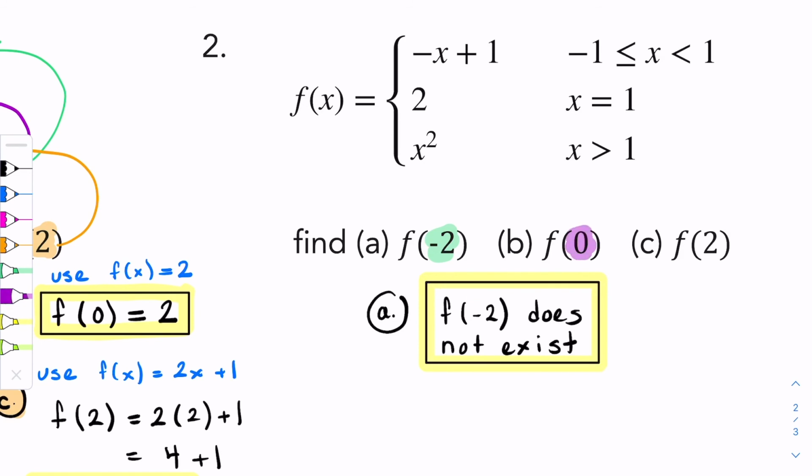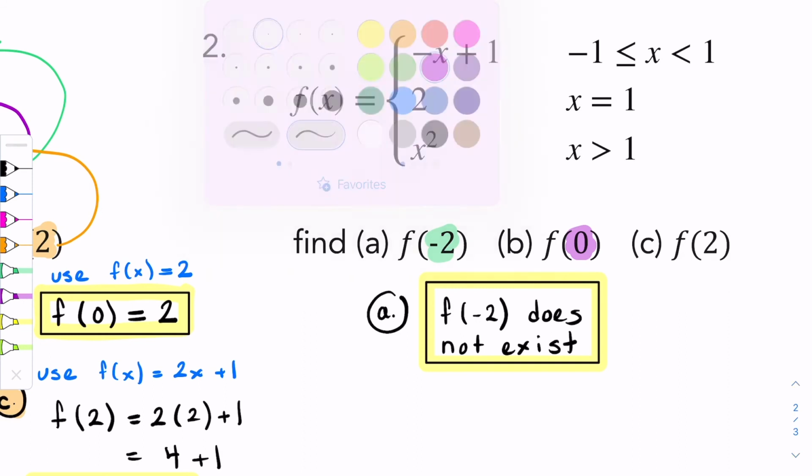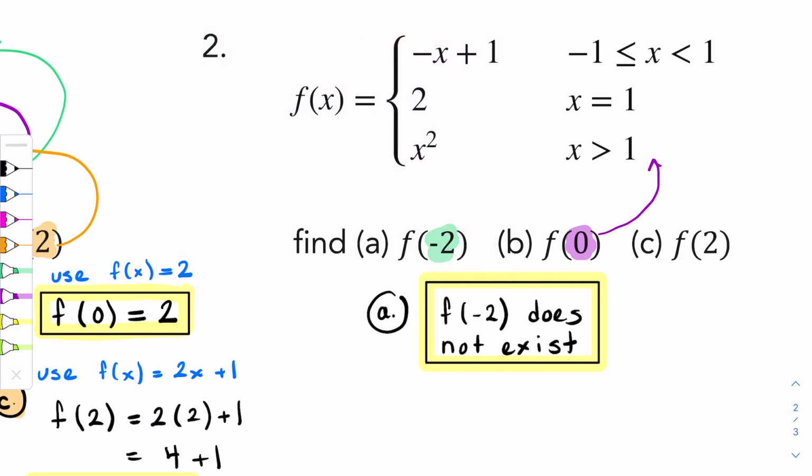All right, b is a value of 0. Is 0 greater than 1? No. Is 0 equal to 1? No. And lastly, is 0 between -1 and 1? Yes, it is.